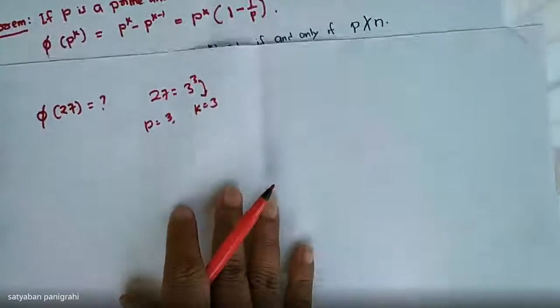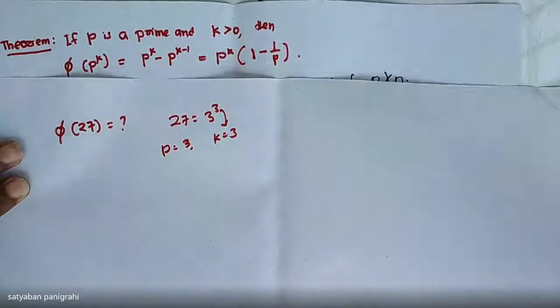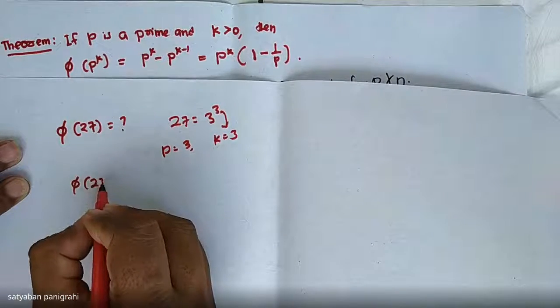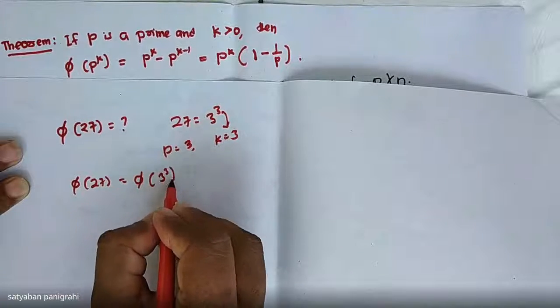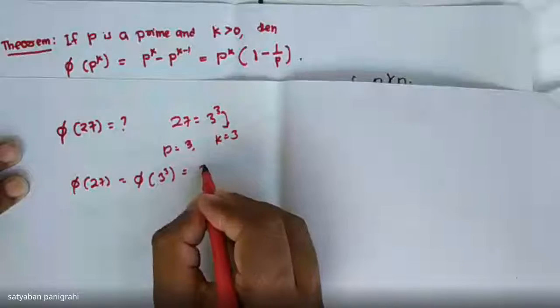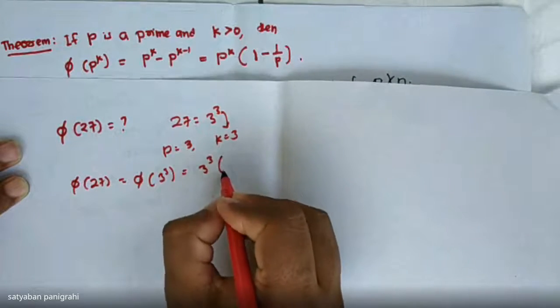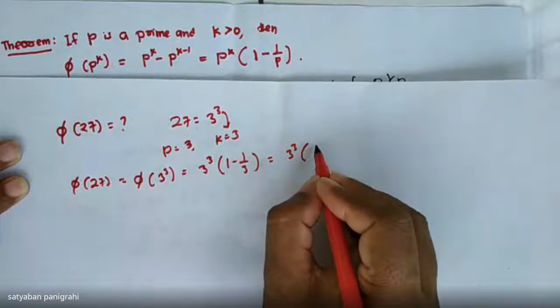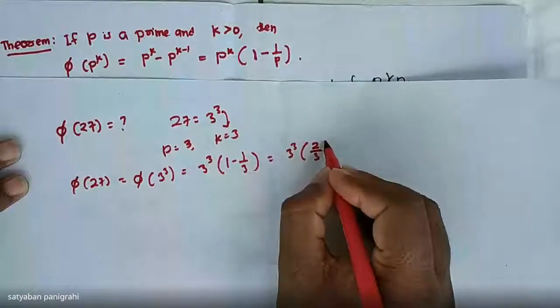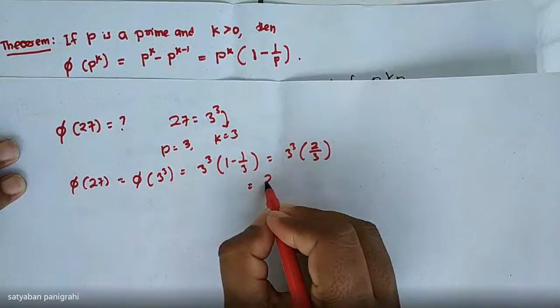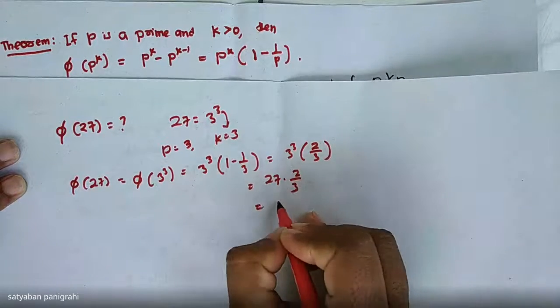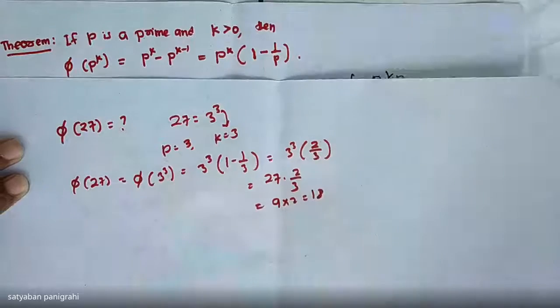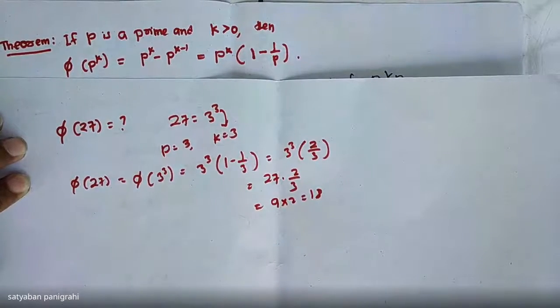So using this, phi of 27 is phi of 3 to the power 3, which equals 3 to the power 3 taking outside 1 minus 1 by 3, that is 3 cube times 1 minus 1 by 3, that is 2 by 3, or 27 into 2 by 3, 9 into 2, that is 18. Clear? Everyone getting it?